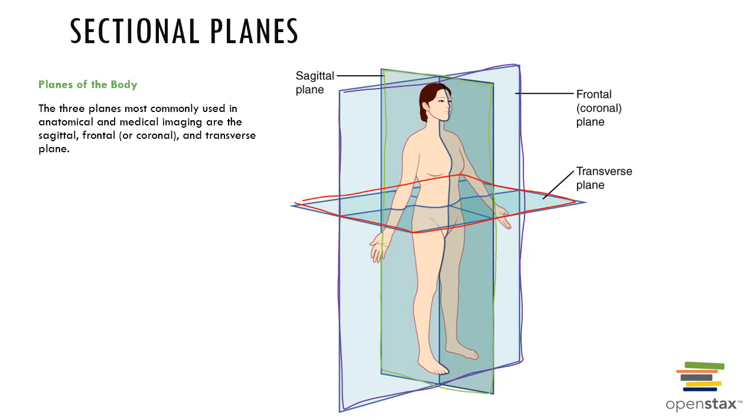So if you were to do a pirouette or spin on your toes, that would be done in the transverse plane. So again, sagittal is like doing a somersault, frontal is doing a cartwheel, and transverse is doing a pirouette. That's an easy way to remember all the different sectional planes of the body.